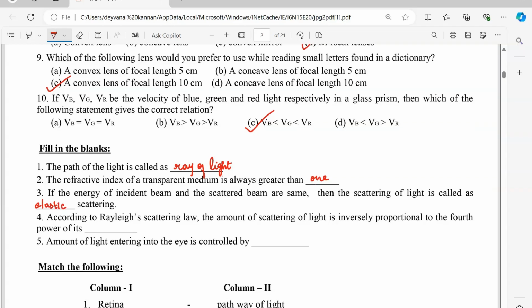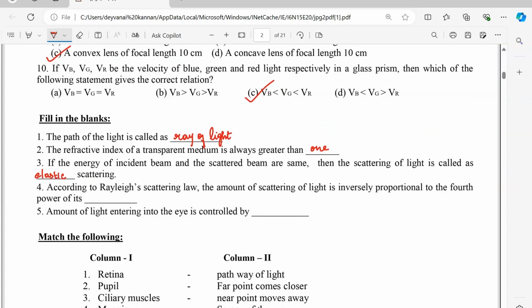According to Rayleigh's scattering law, the amount of scattering of light is inversely proportional to the fourth power of its wavelength. The amount of light entering the eye is controlled by the iris.